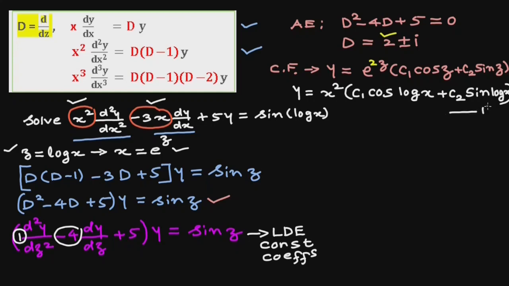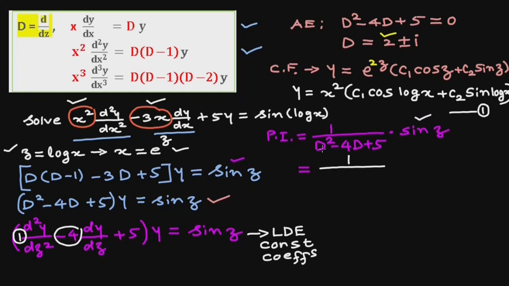We name this 1. Now the particular integral will be 1 upon (D square minus 4D plus 5) into sin z. When there is a sine function, in place of D square we substitute minus square of the coefficient, minus 1 square.